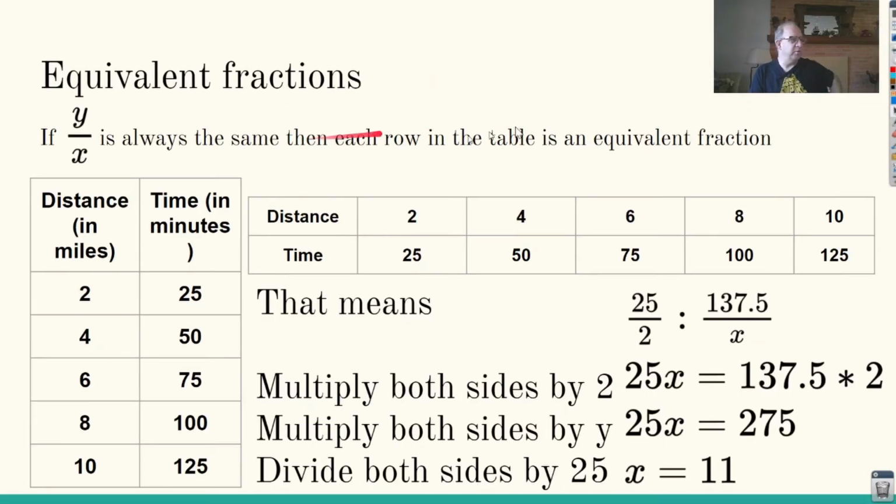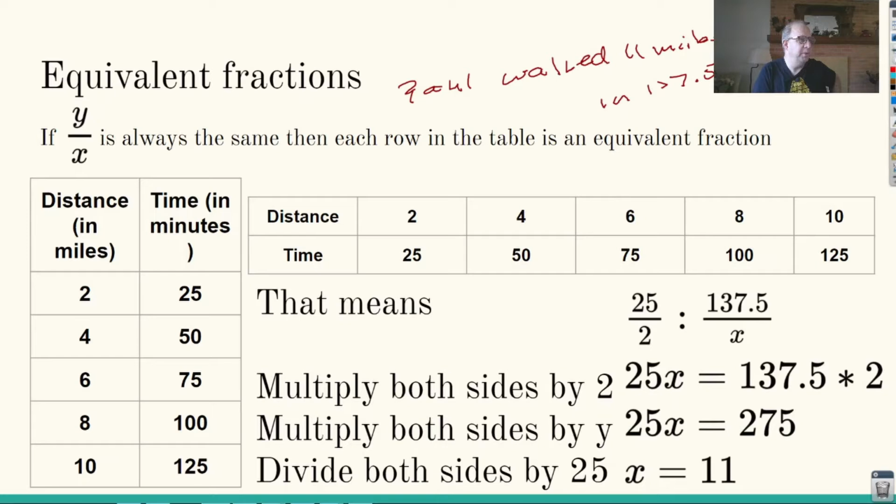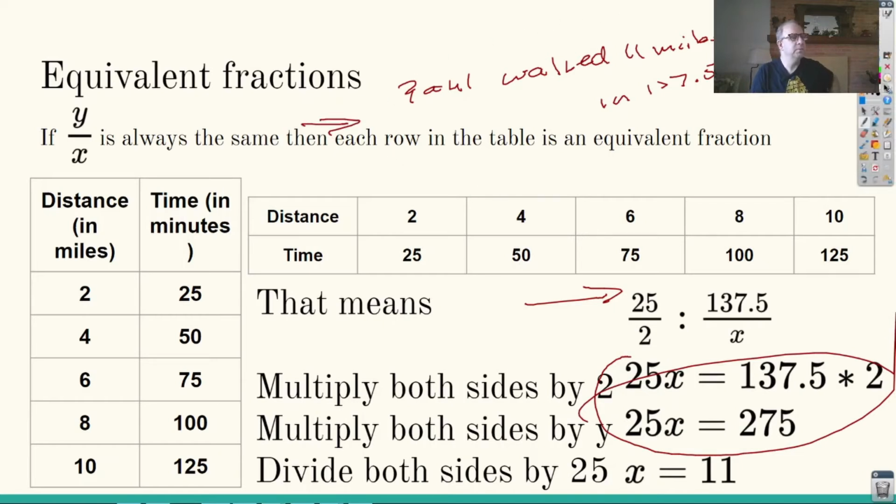Because the answer to this question, we have to write the answer saying, Paul walked 11 miles in 137.5 minutes. Neatness doesn't count. So we set up our equation, we solved our equation, and we wrote our answer for full points. Okay.